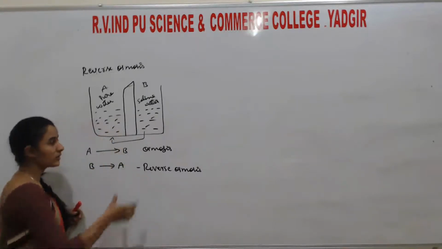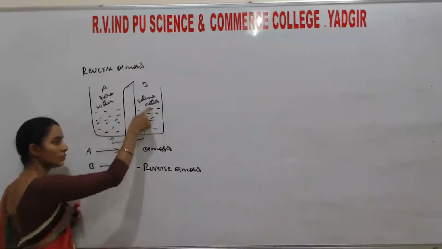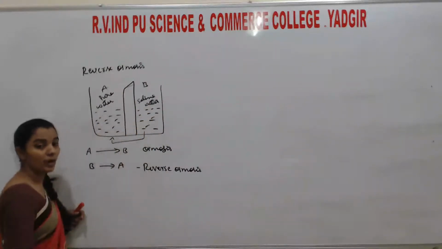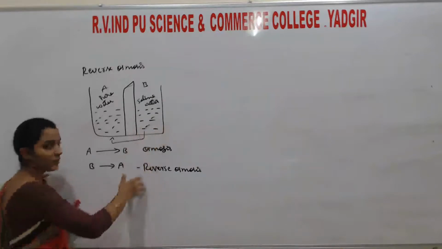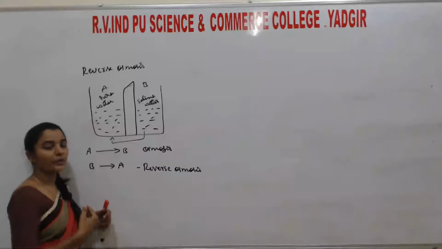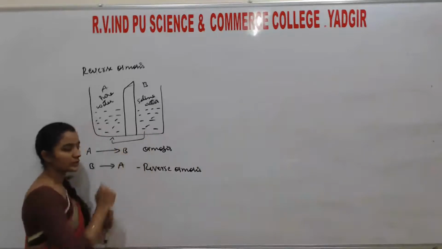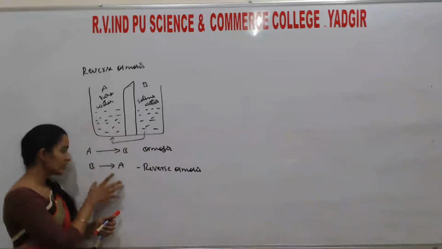So solvent can pass from A to B. Then we apply 3 bar pressure to this side. The osmotic pressure is 2 bar, the applied pressure is 3 bar. Then it is greater than the osmotic pressure, so it can reverse the process. So that is reverse osmosis.